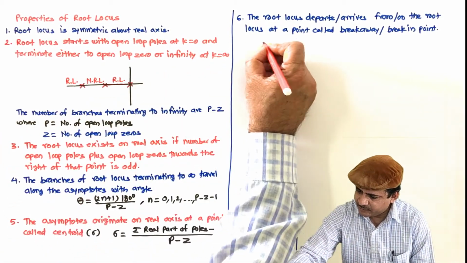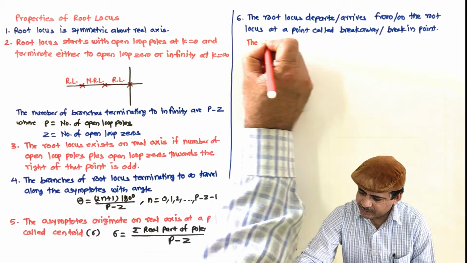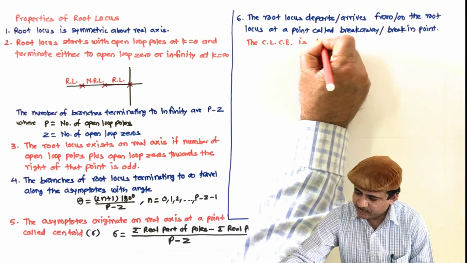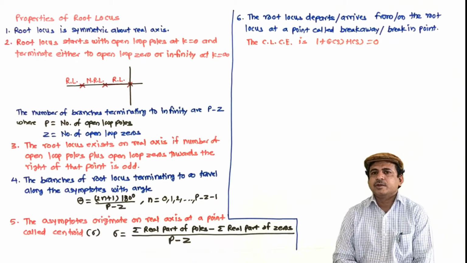It is done like this: we have the characteristic equation. The closed loop characteristic equation is 1 plus G(s)H(s) is equal to 0.